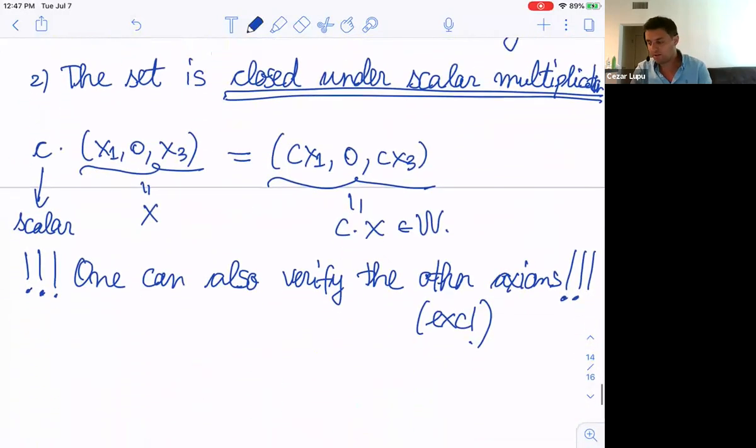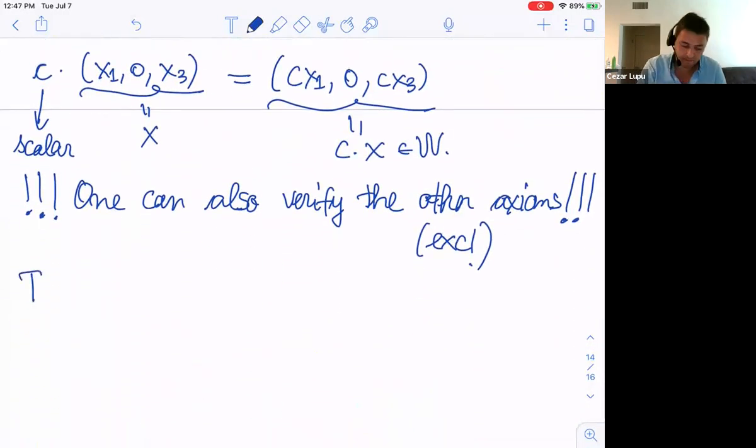So the theorem says the following. And this is a very important theorem. It's a test for a subspace.